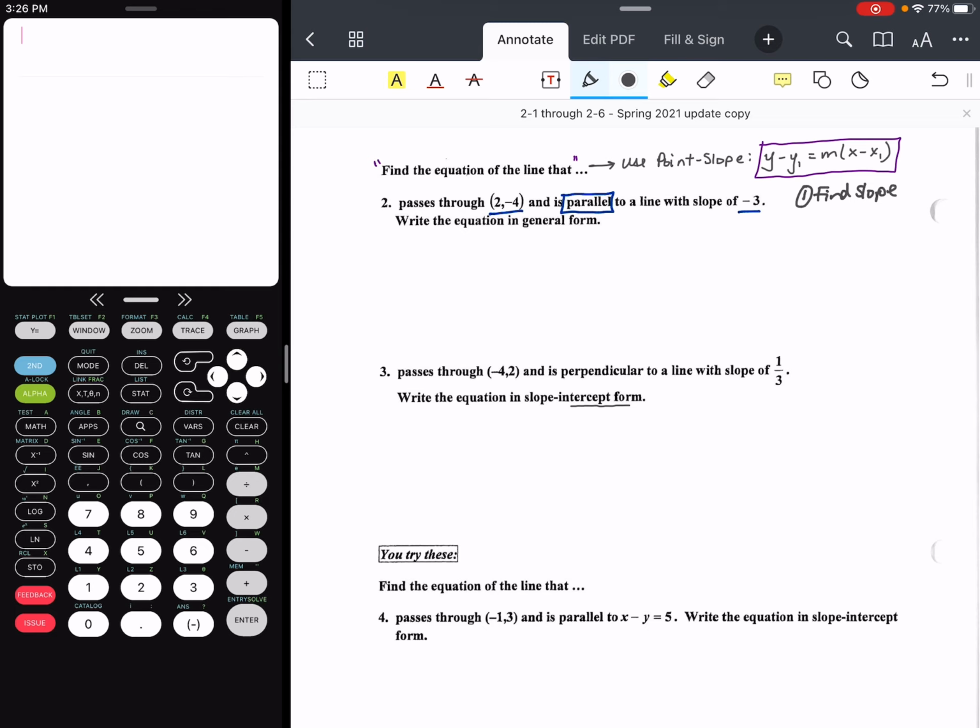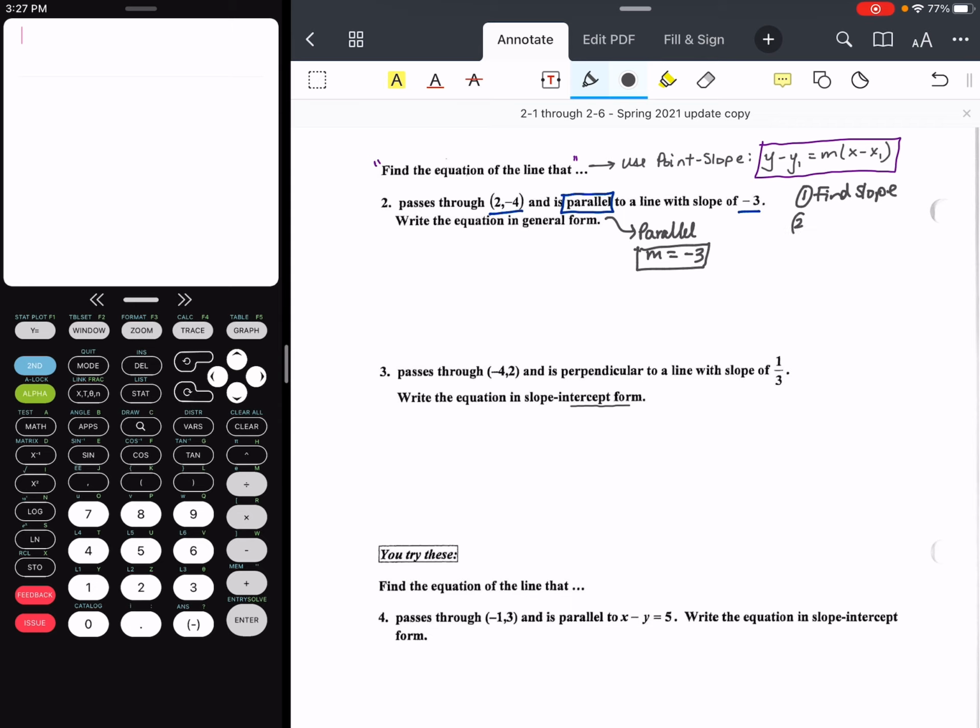Sometimes the problem just says your slope is 2, and then you use 2. But pretty often you'll be given hints or clues about what the slope is, and you need to calculate it yourself. In this case, we want our line to be parallel to a line with a slope of negative 3. So our parallel slope will still be that same negative 3.